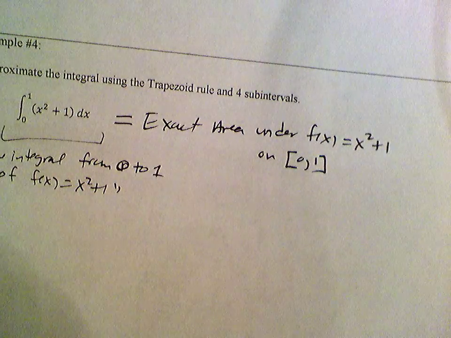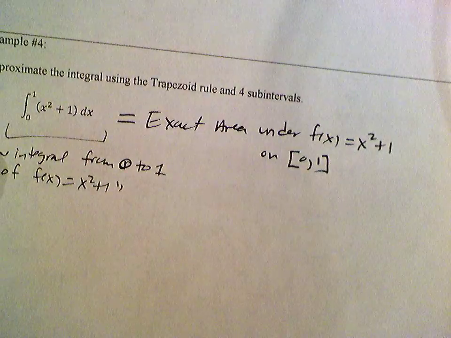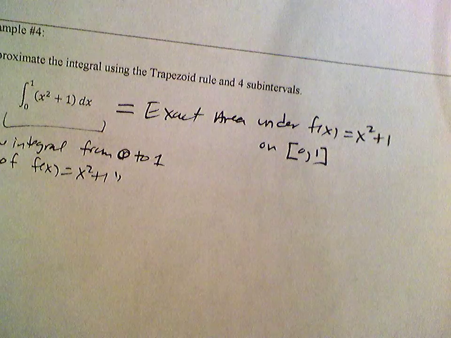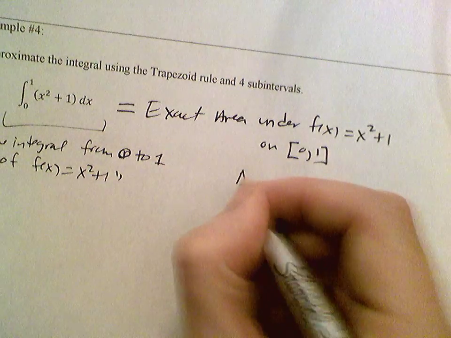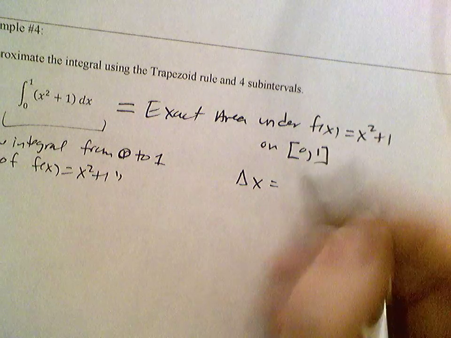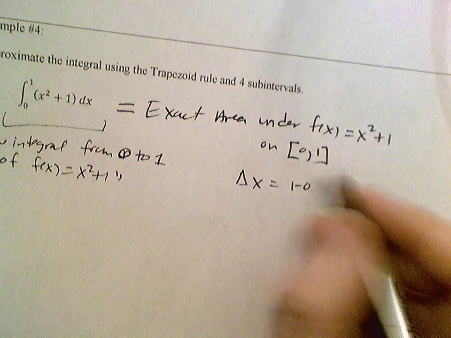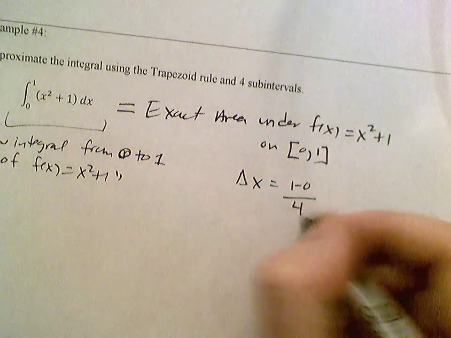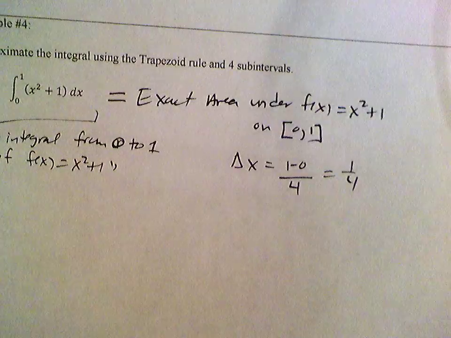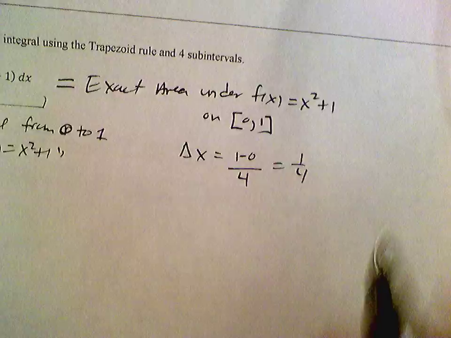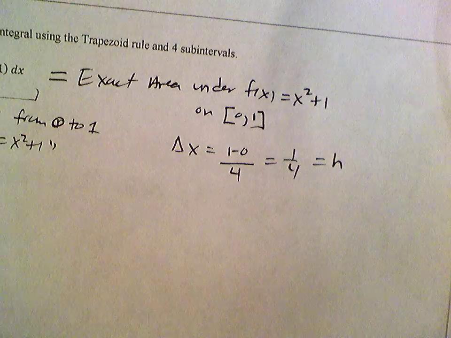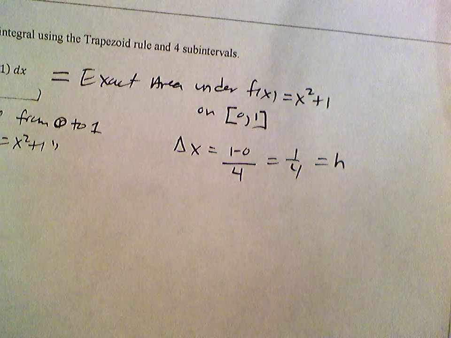We're going to approximate it using the trapezoid rule in 4 subintervals. So first, let me find delta x. Delta x is going to be 1 minus 0, because that's the length of our interval. But then we want 4 subintervals, so you divide by 4. So 1 over 4. And remember, delta x is going to be the height of all of our trapezoids.